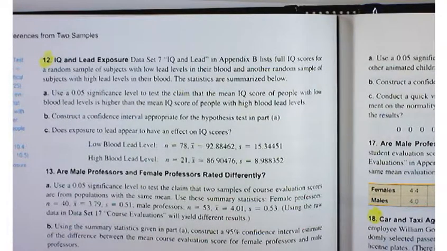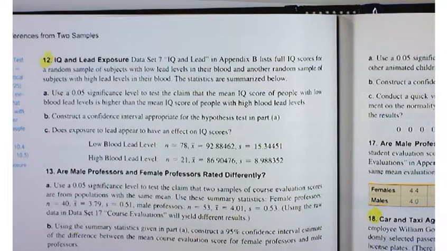IQ and lead exposure. Dataset 7, IQ and lead in Appendix B lists full IQ scores for a random sample of subjects with low lead levels in their blood and another random sample of subjects with high lead levels in their blood. The statistics are summarized below.